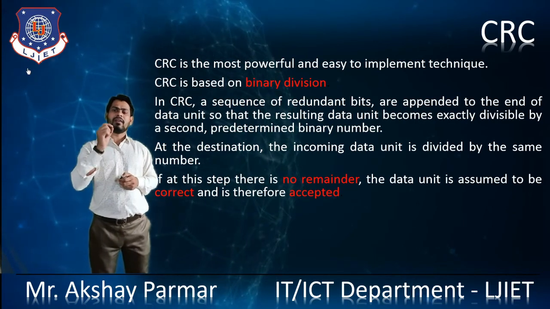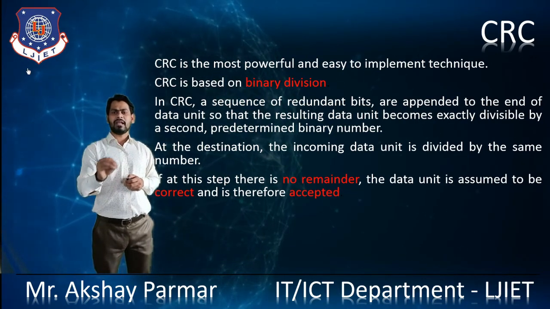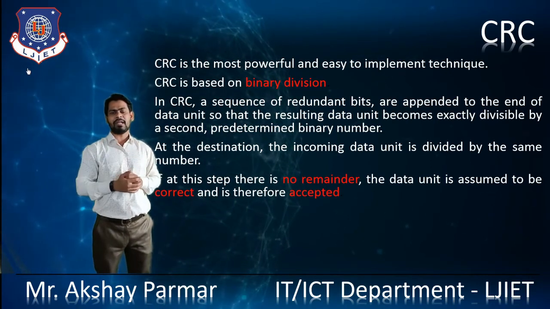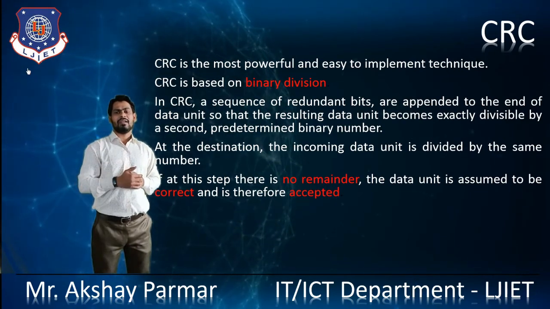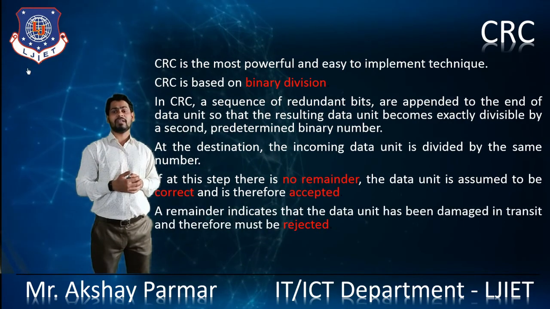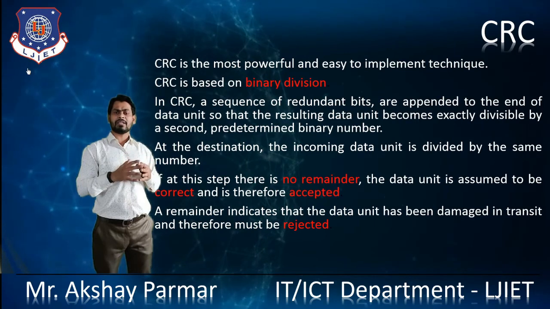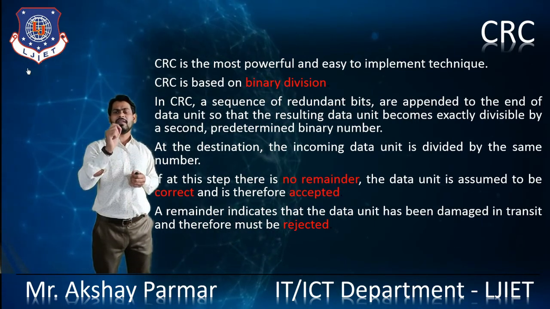If at this step there is no remainder, the data unit is assumed to be correct and is therefore accepted. So there is no error during the transmission, and we can simply accept it. A remainder indicates that the data unit has been damaged in the transmission and therefore it must be rejected.